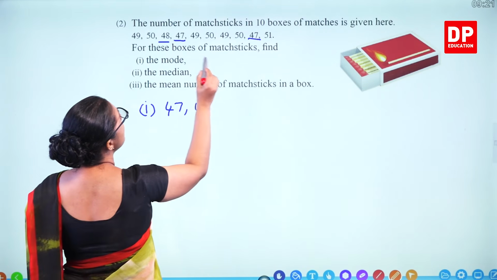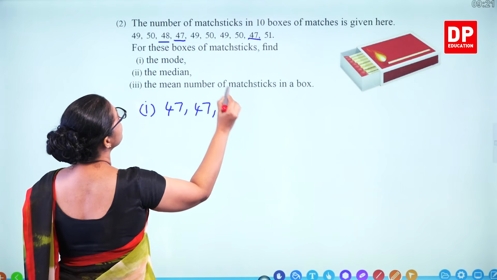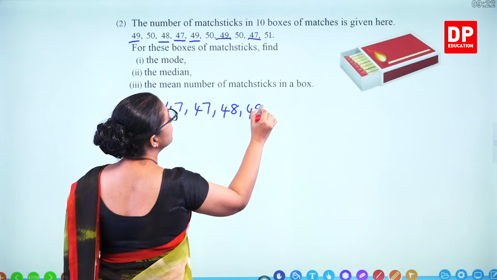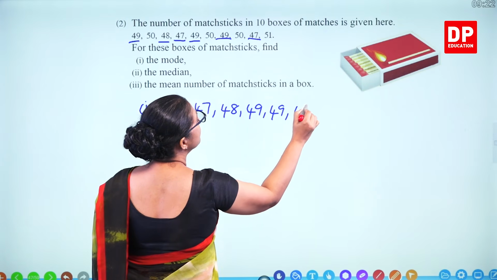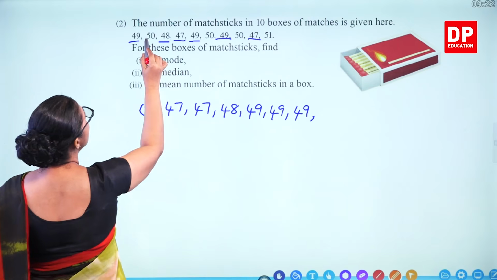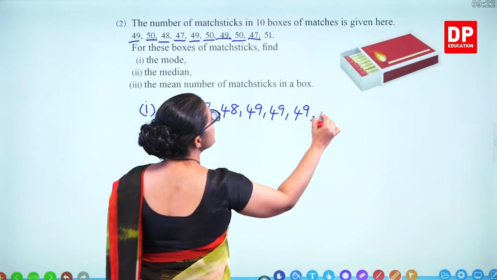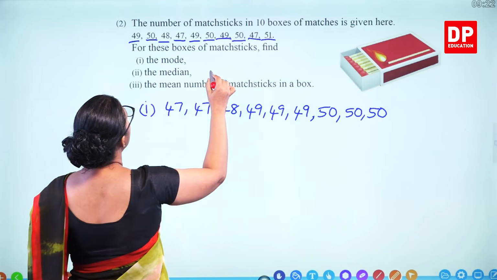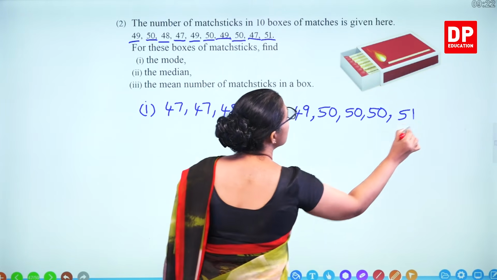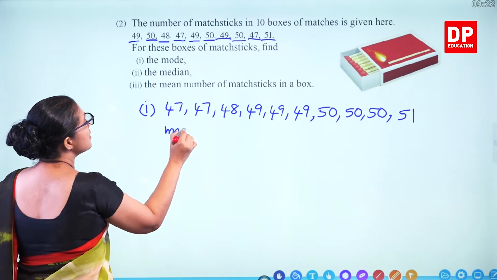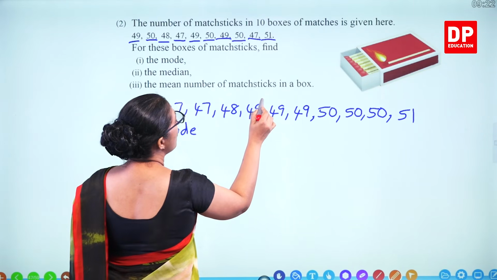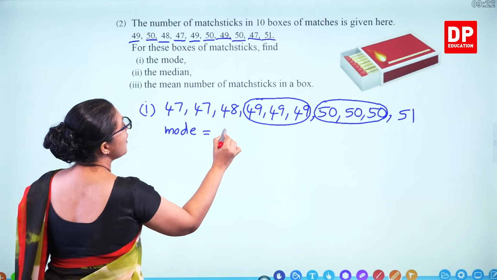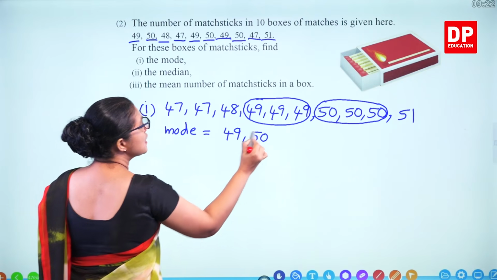Then we get 48 once. 49 3 times. 50 3 times. 51 only once. So now we see the mode is 49 3 times as well as 50 3 times. So you get 2 mode values, 49 and 50. That's bimodal.